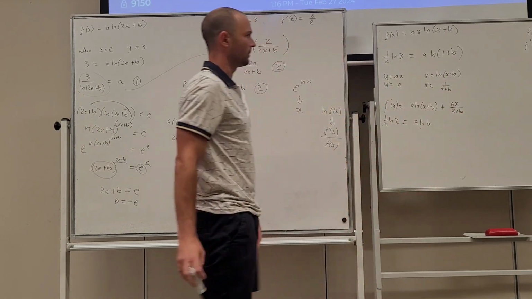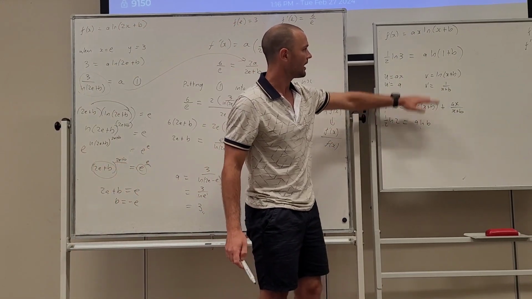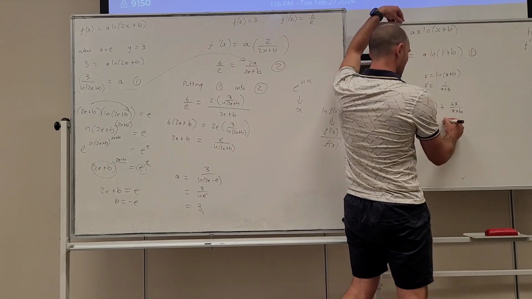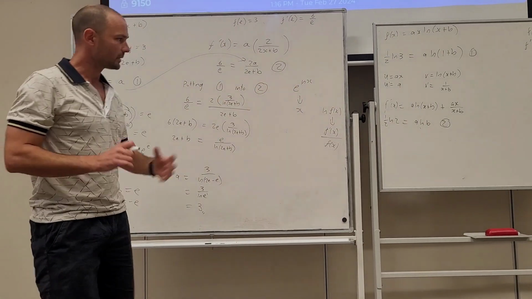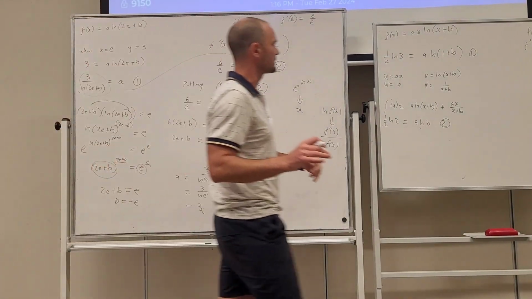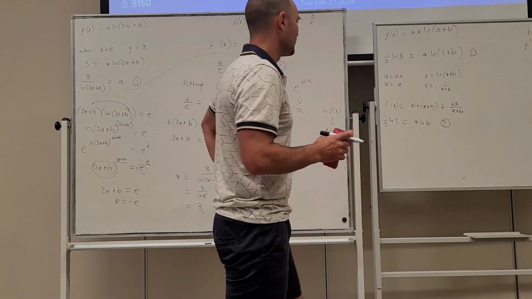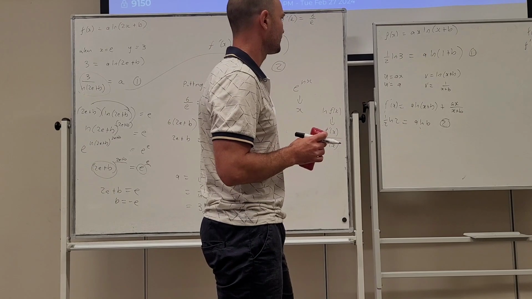So we've got a ln b. So we have 2 equations here: a ln b, and here we've got a ln of 1 plus b. Once we've got the 2 equations, we're probably sort of 3 out of 5 marks. We need to synthesize them together somehow.